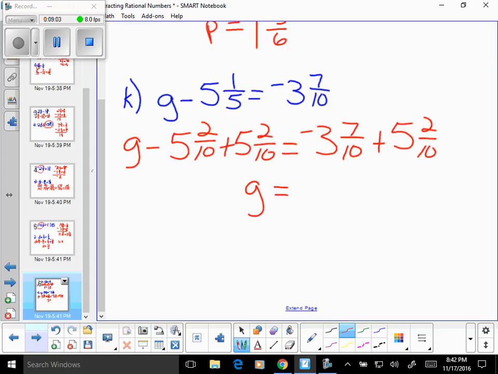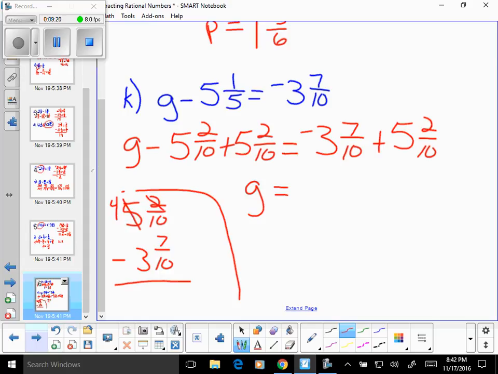What you're really doing, and I'll put it down over here, you are really taking 5 and 2/10 minus 3 and 7/10. Okay? You cannot take 2 minus 7. Remember, you can't flip it around to 7 minus 2. So I'm going to have to regroup. 10 plus 2 is 12. 12 minus 7 is 5. And 4 minus 3 is 1. Now, I reduce that, and I will get 1 and 1/2.